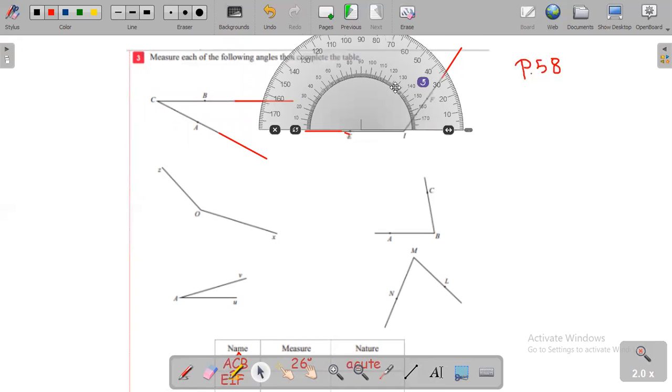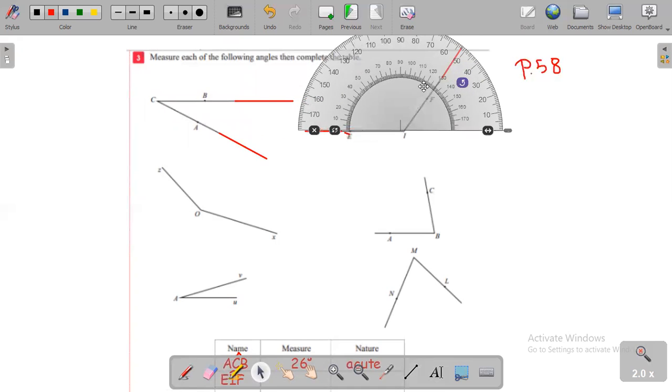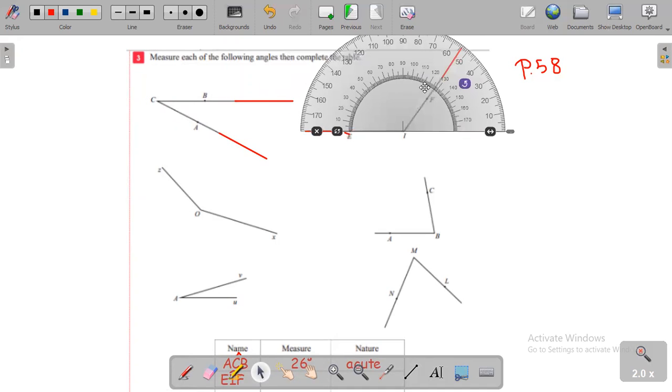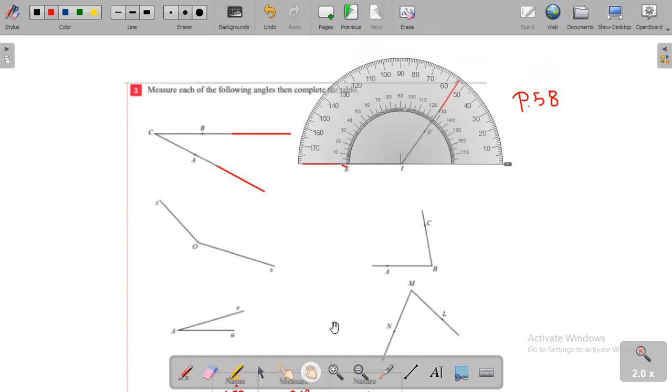And we move it till the middle of the protractor be on I. And we look at the numbers starting from 0. These numbers. And we see the other arm is at which measure? 127. So the measure of this angle is 127.